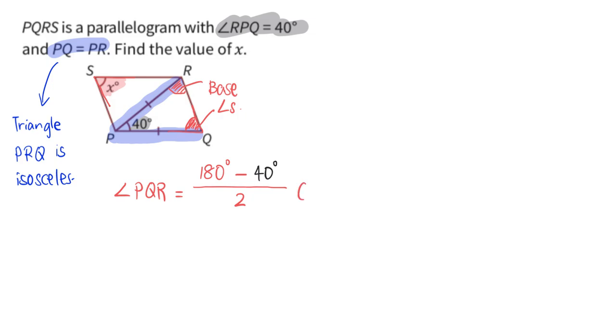So this one, I just need to indicate that this is because of the base angle of an isosceles triangle. And this will give me a value of 70 degrees.